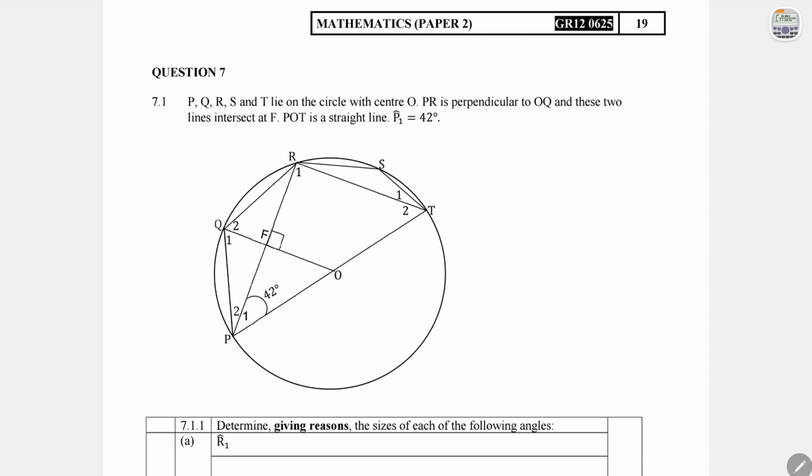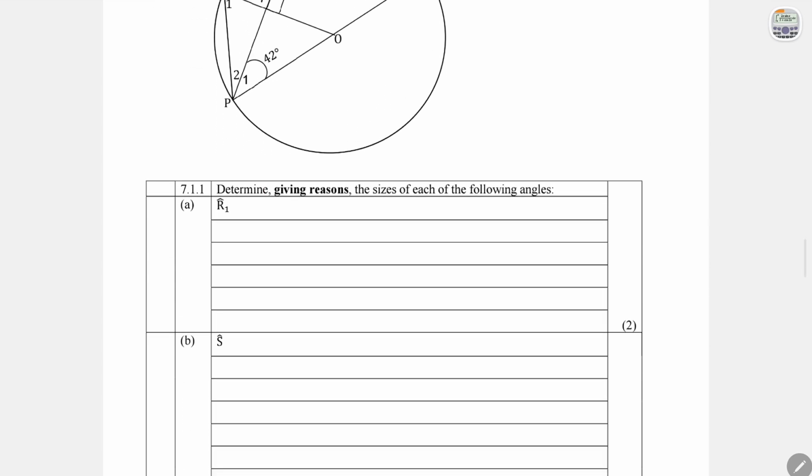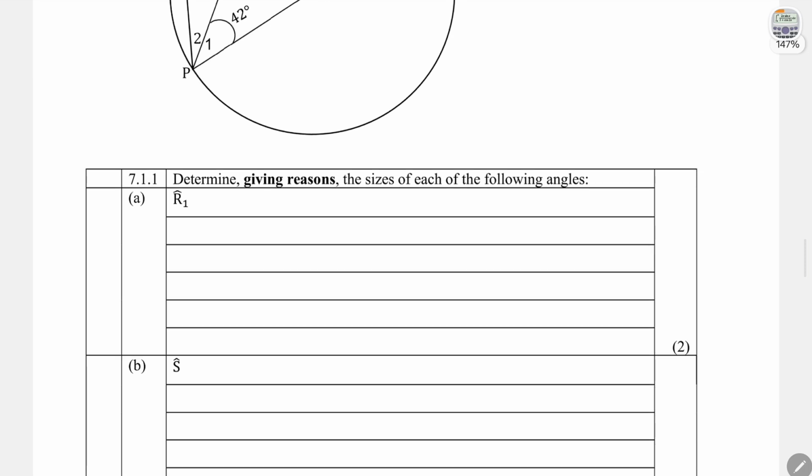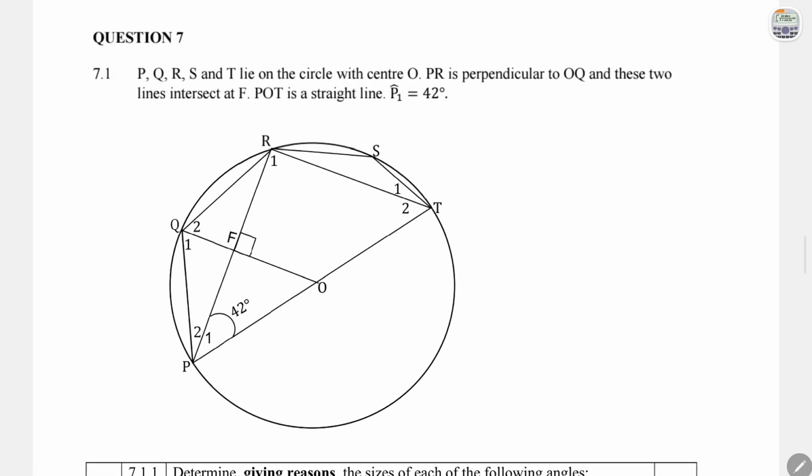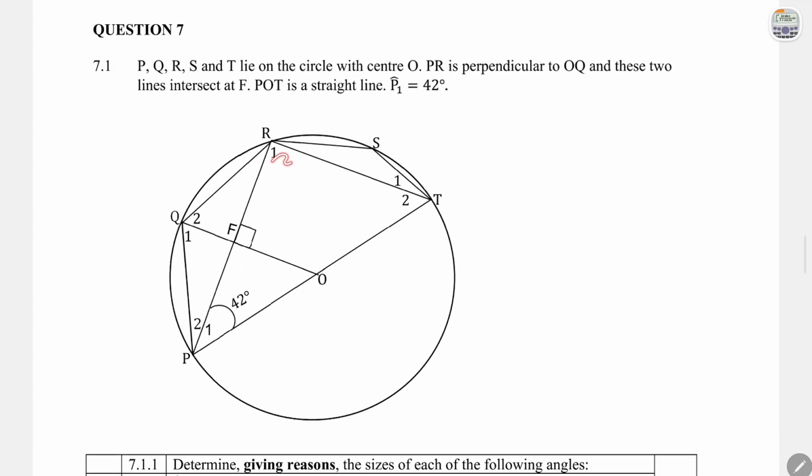Question 7.1.1 says, determine, giving reasons, the sizes of the following angles. They first want us to find the size of angle R1. Angle R1 is over here. It's at the circumference, and you notice that angle R1 is being supported by this diameter POT.